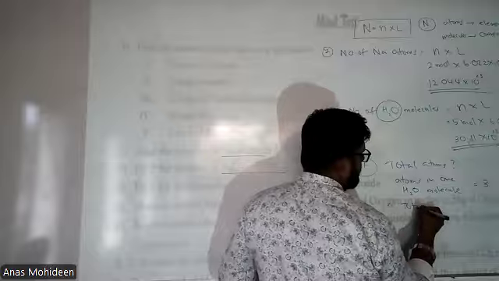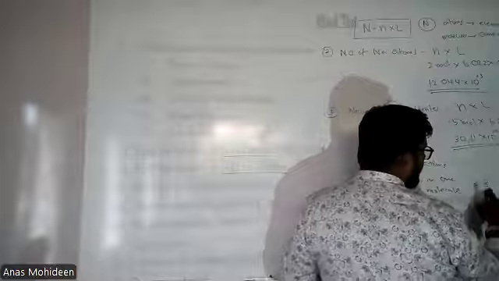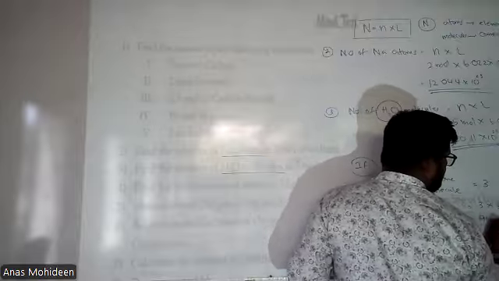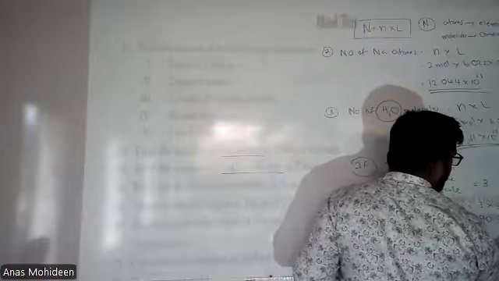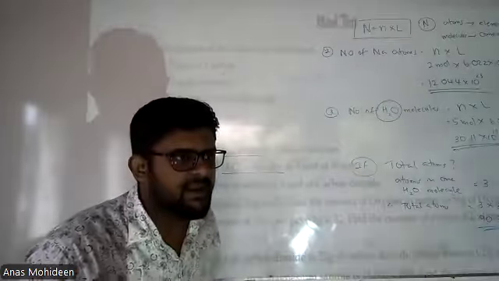Hence, total atoms should be equal to 1 molecule 3 into how many molecules? 30.11 into the power 23. Means 90.33 into 10 to the power 23 total atoms are there. You understand that point? Okay.